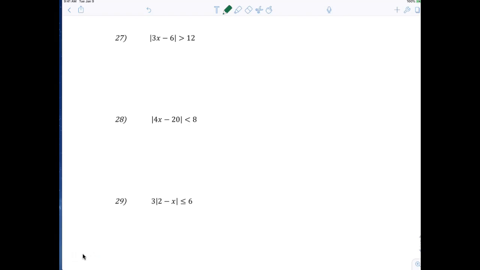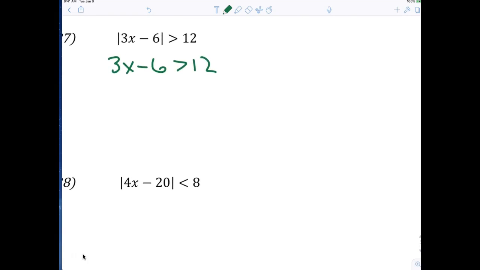So again, if you recall, I said, write the absolute value exactly the way you see it. And when we do that, it's going to be 3x minus 6 is greater than 12. And then you have to write 3x minus 6 is less than negative 12.